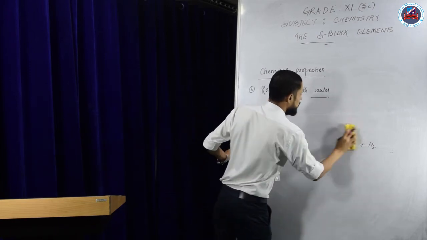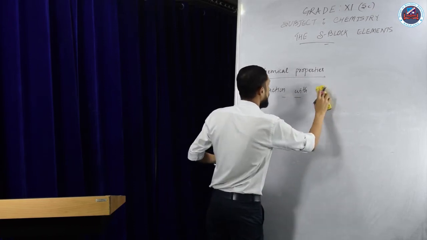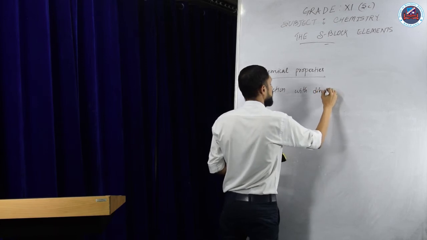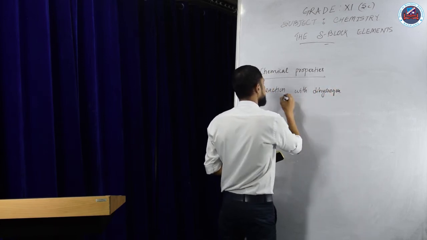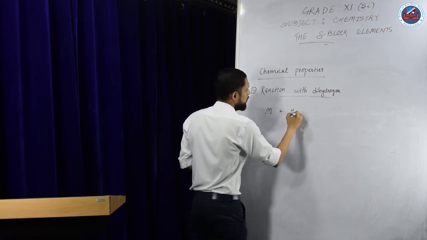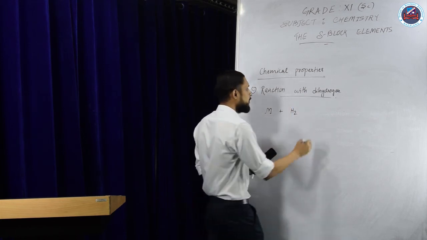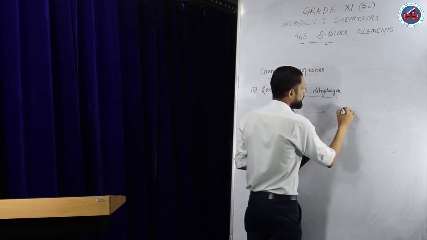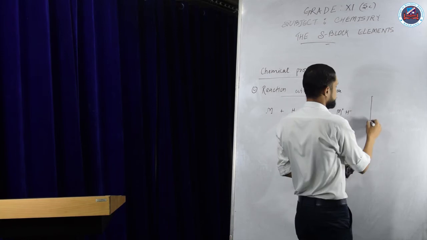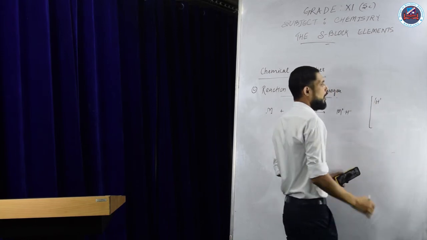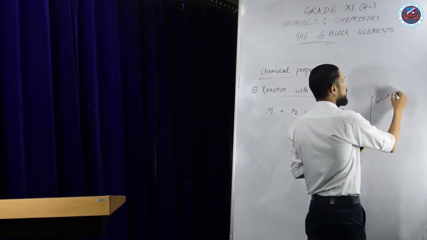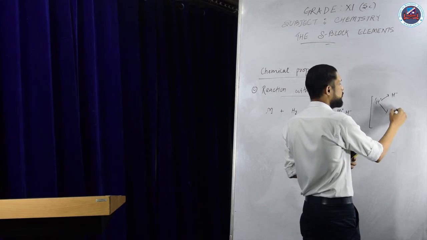Next, let us see the reaction of alkali metals with dihydrogen. Alkali metals, if they react with dihydrogen, that is H2, form hydrides. Now what is a hydride? We know a hydrogen atom, if it gains an electron, forms H negative. If it loses an electron, forms H positive.